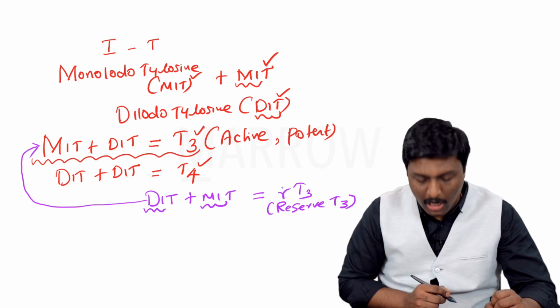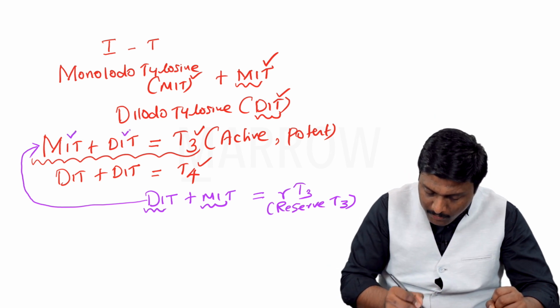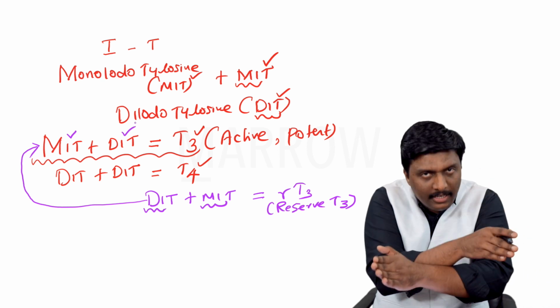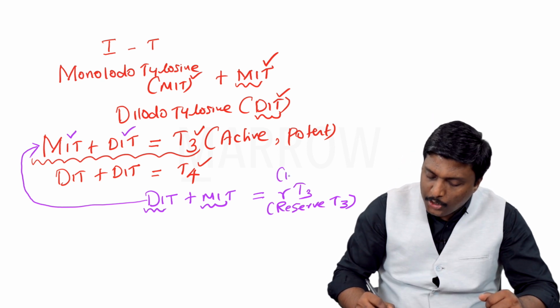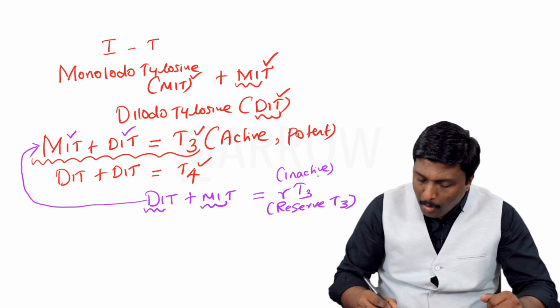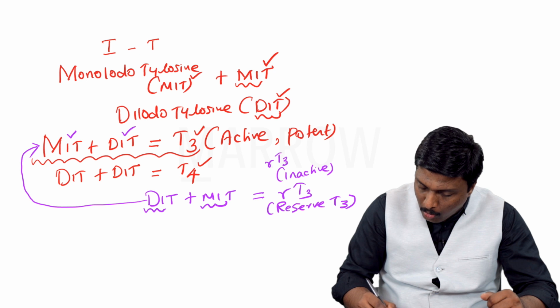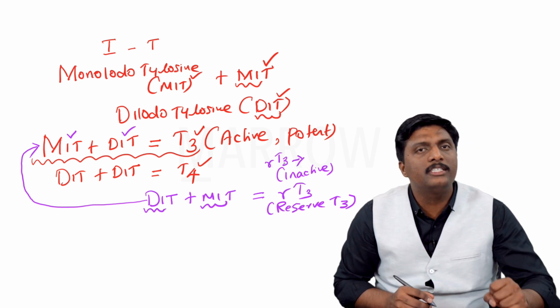To form the normal hormone, MIT must combine with DIT. If the reaction is reversed, you will get reverse T3. This reverse T3 is considered a highly inactive form. The body produces reverse T3 more exclusively during only one state.